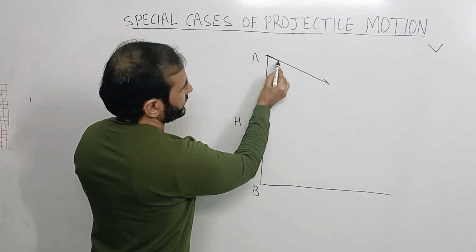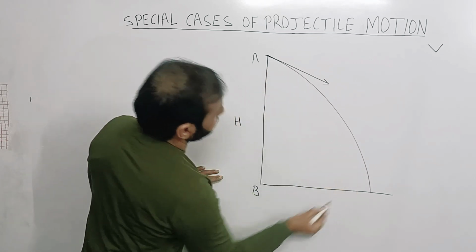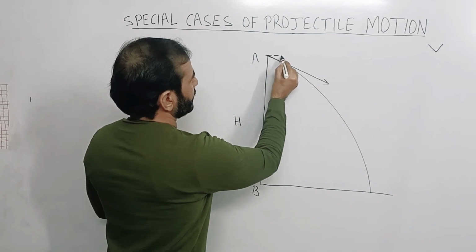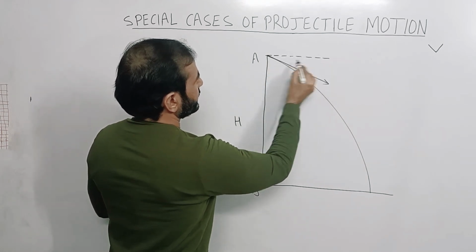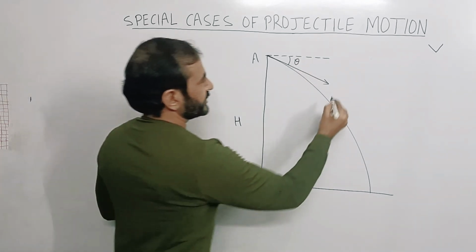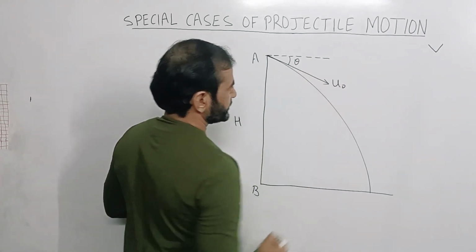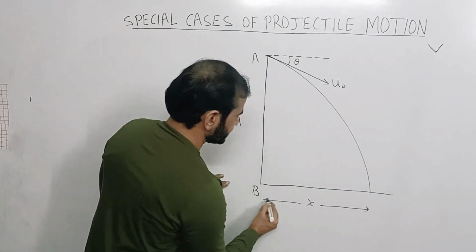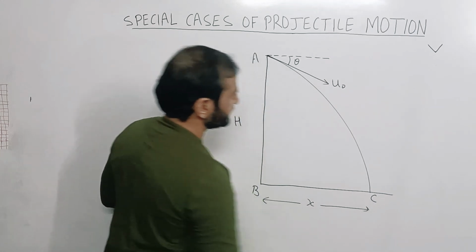Path will be this way. This is horizontal, and with horizontal the angle of body is theta. This velocity is u naught, and this distance, say horizontal distance, is x. You can see this point as C.